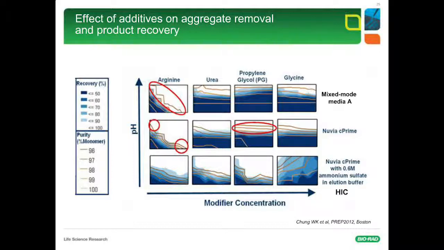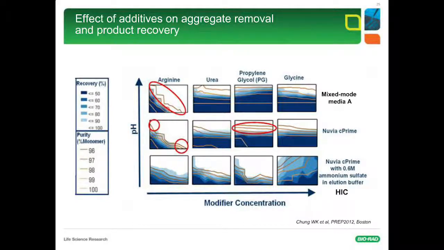And the results are shown here. For the first condition at high pH without arginine, we see a good improvement of monomer content. It improves from 96% to 98.4%. However, the recovery of the target is modest, not the best. The second condition is at low pH and low arginine concentration.